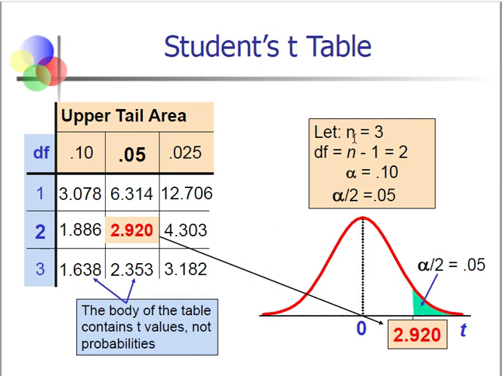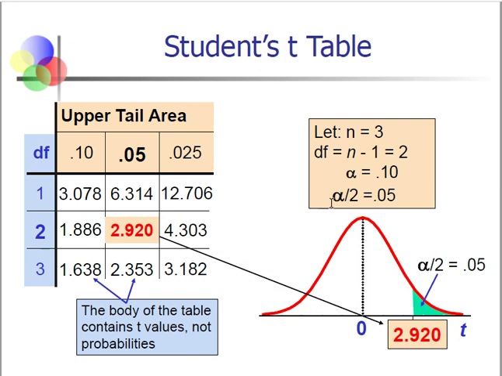Suppose n is 3, then the degrees of freedom will be n minus 1, which is 2. And suppose we've been given an alpha of 0.1. If our alpha is 0.1, then our alpha over 2 will be 0.05.